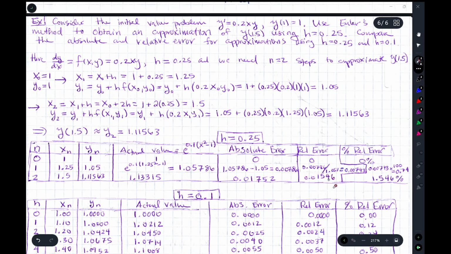For relative error, you divide the absolute error by the actual value, and you multiply by 100 to get the percent relative error. And so we're off by 1.5% with step size 0.25 for an approximation of y at 1.5.